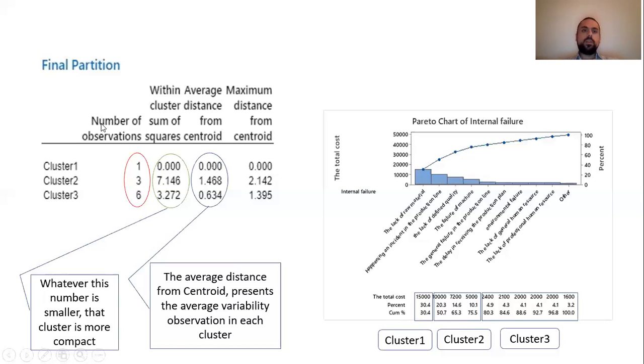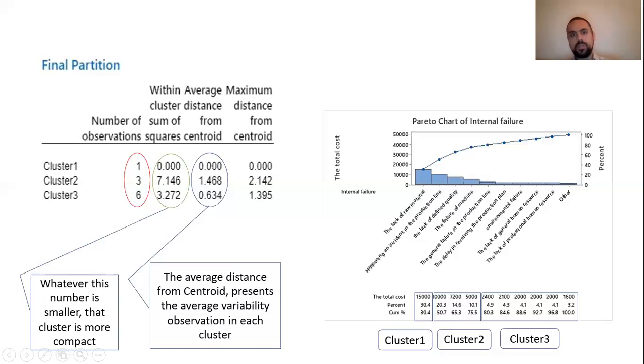But what information is presented by the within cluster sum of squares and the average distance from centroid? Please pay attention that the second column, which is the within cluster sum of squares, represents how compact each group is. So as you can see, the first one has 1 factor, so it's not compact.